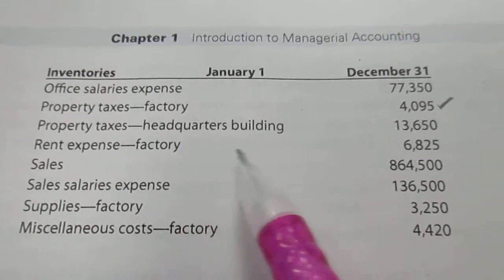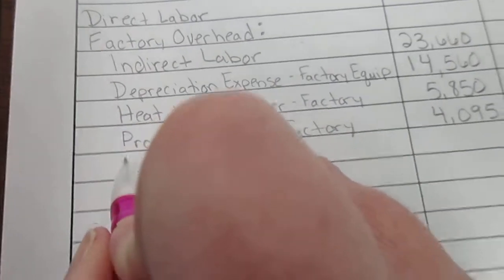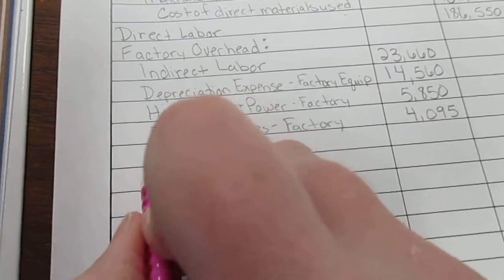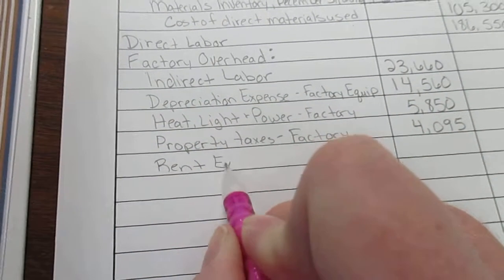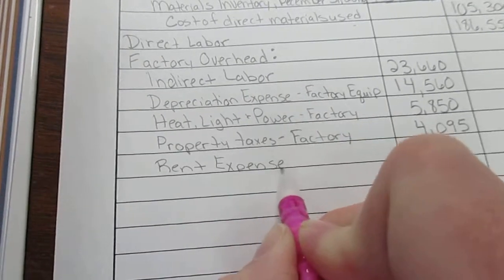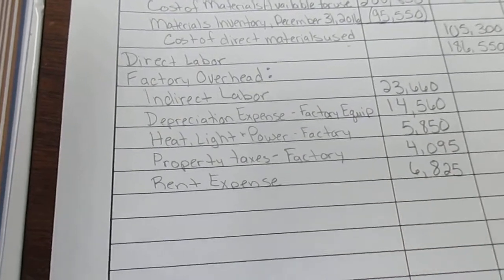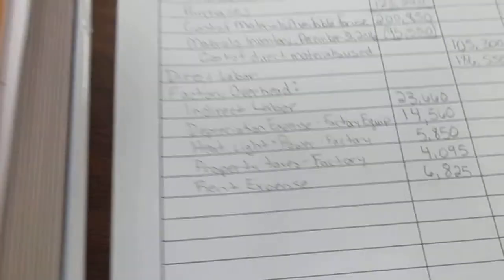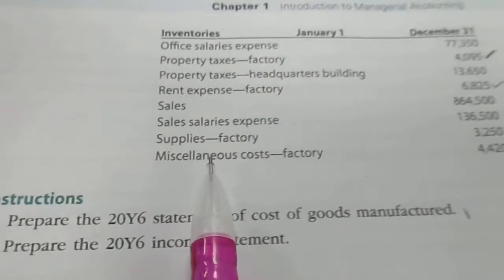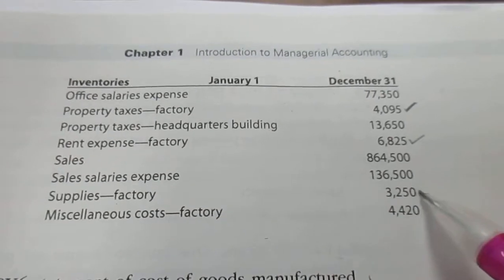The next one is our rent expense for $6,825. Okay, and then supplies for $3,250.